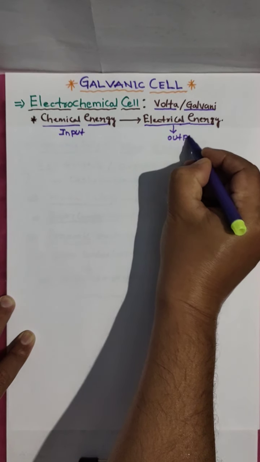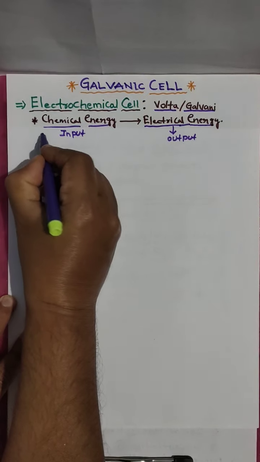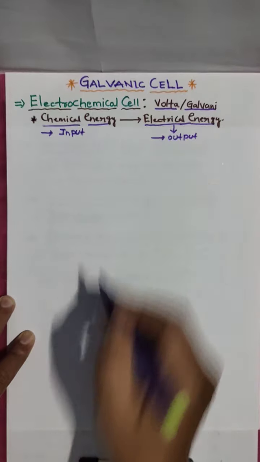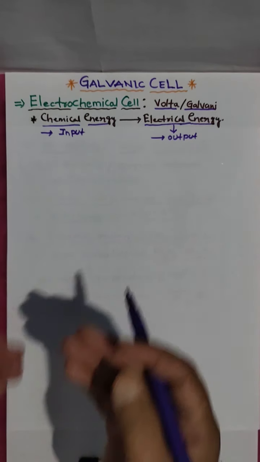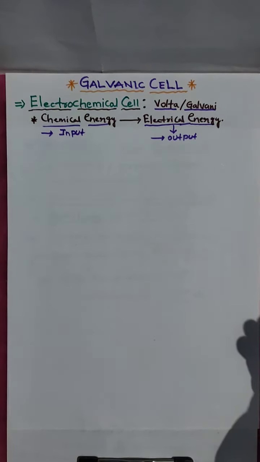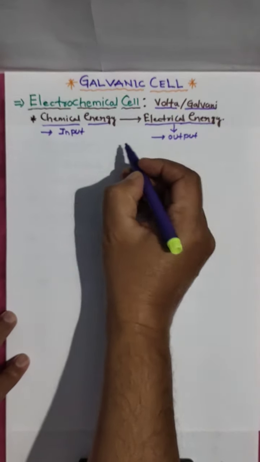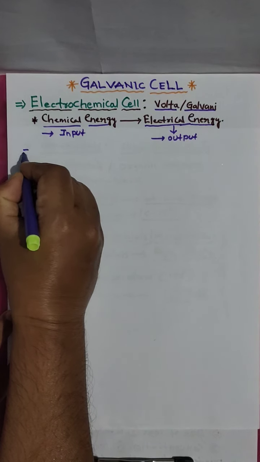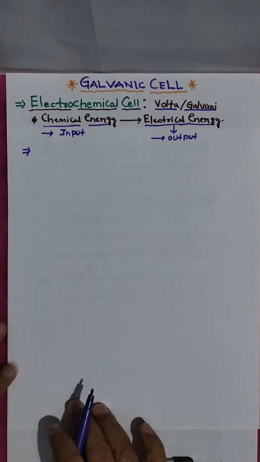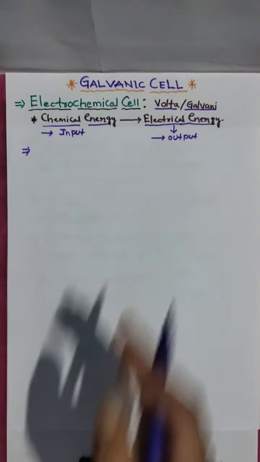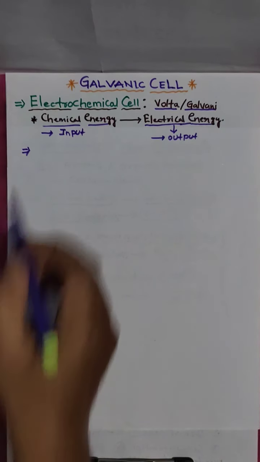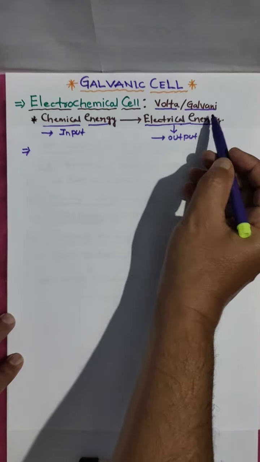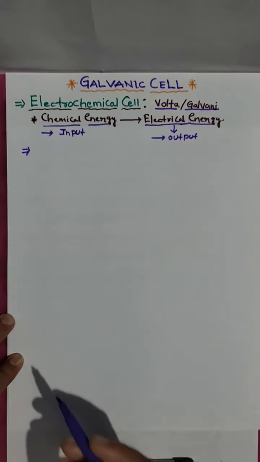Remember it like this, then it is easy. We give chemical energy, we get electrical energy. That is the major difference in this cell. That's why this is called electrochemical cell or voltaic cell or galvanic cell, all are the same.